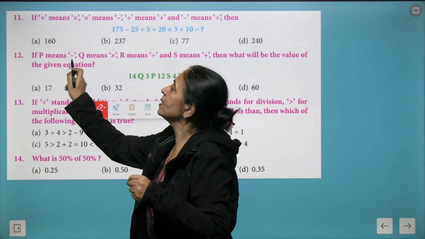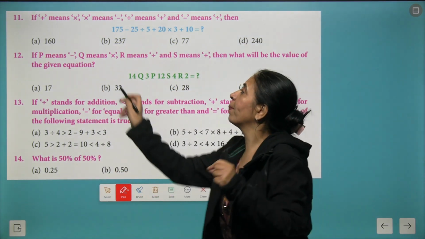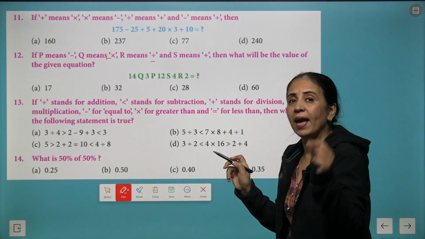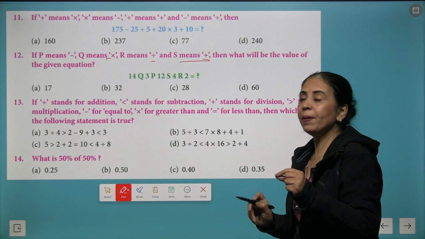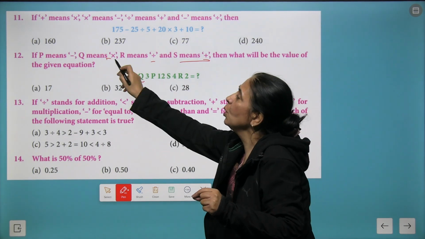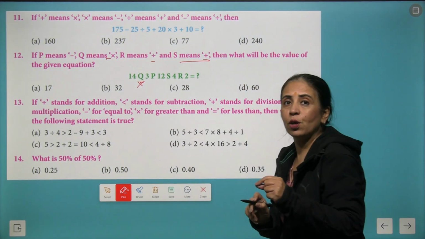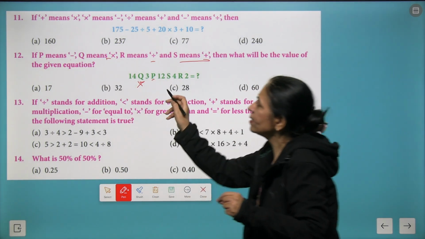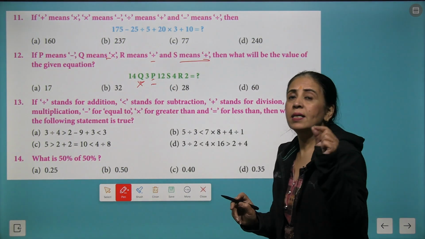Now if you focus on question number 12, here we are given symbols. So P represents sign of minus, Q represents multiplication, R represents division, S represents plus. That means wherever Q is written, you are going to replace it with the sign of multiplication. Wherever P is written, you will replace it with sign of minus.